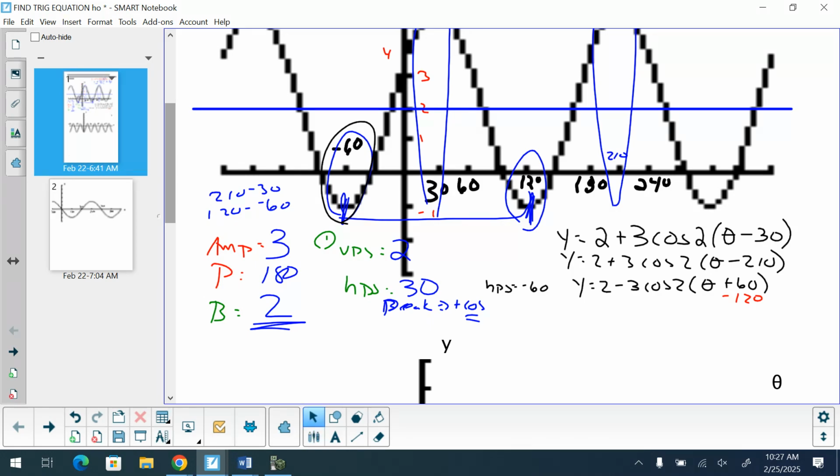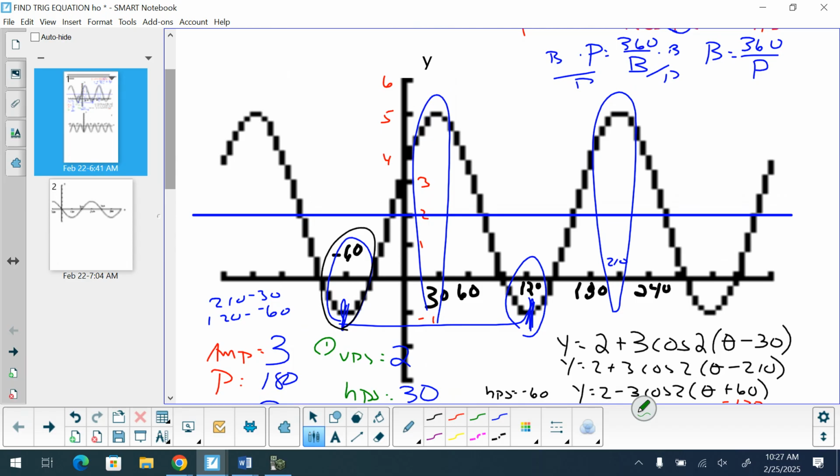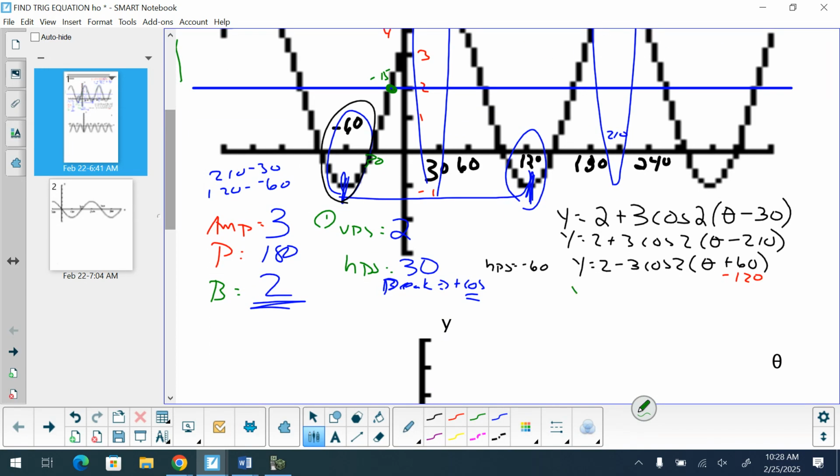If I want to do some additional work here, I'd have to really play with this a little bit. But if I take a look at my halves, I think I'm at a value of negative 15 degrees. Because I have 30 here, I have 30 here, so I would have negative 15. So I can write y equals 2 plus 3 sine 2 theta plus 15 degrees.